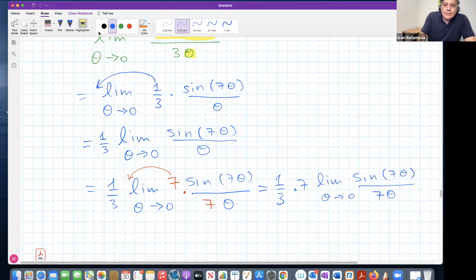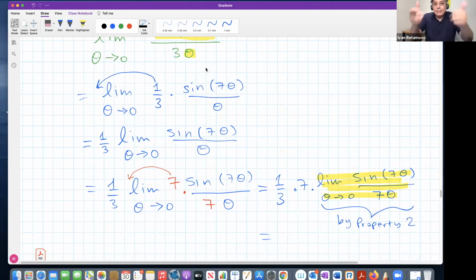But the good news is that I know the result of this limit. Anybody could tell me what is the result of this part, based on property 2? Very good. They're writing it in the chat. Very good, guys. Excellent. It's just 1.